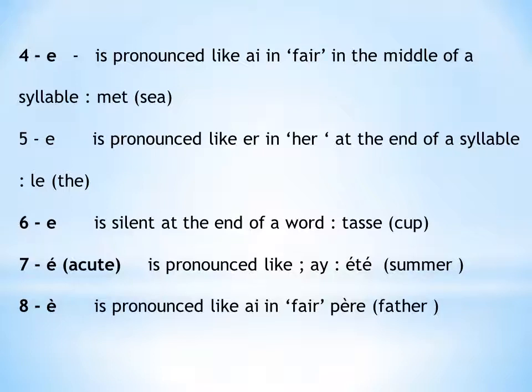The sixth E is silent, cup, tasse. Now this sixth E is used to show that this is a female component. Like you want to say a cup, and you want to show that this cup is female, so we have tasse. You don't pronounce that e. That e is just used to tell that it is female. Usually in French, we have feminine and masculine quantities, and plural and singular quantities.